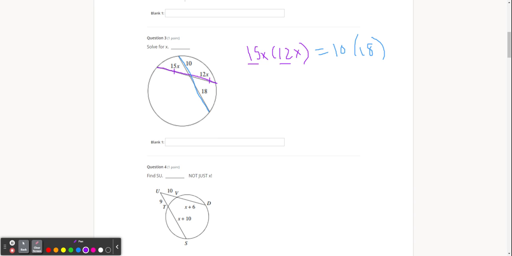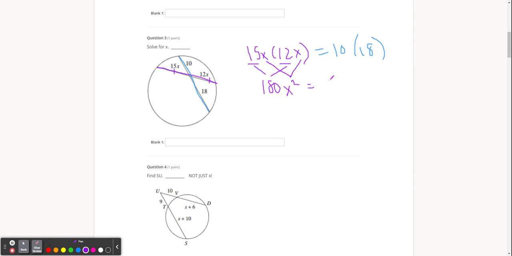So Miriam, what's 15 times 12? 180. And then x times x is going to be x squared.